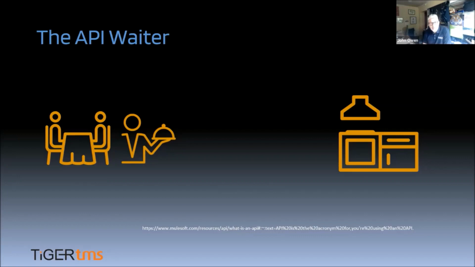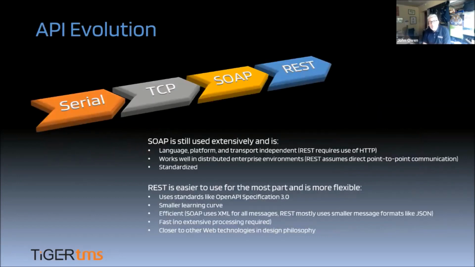In terms of APIs, a little detail here on the evolution of APIs. We've come a long way from serial connectivity, and the two most popular API types prevalent in the world at the moment are the SOAP API, nothing to do with the cleanliness of the API itself, and the REST API.